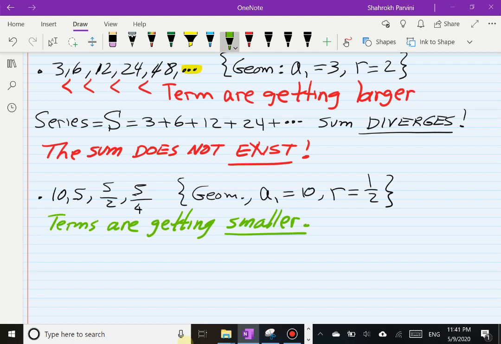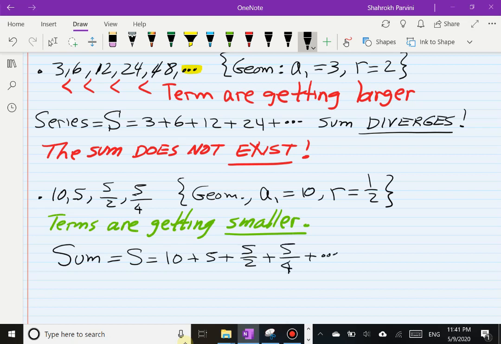Then actually here, we may be able to find the sum to infinity of this one. Okay, so what does the sum to infinity of this one look like? Therefore, the sum equals S. That means 10 plus 5 plus 5 halves plus 5 fourths plus dot, dot, dot.